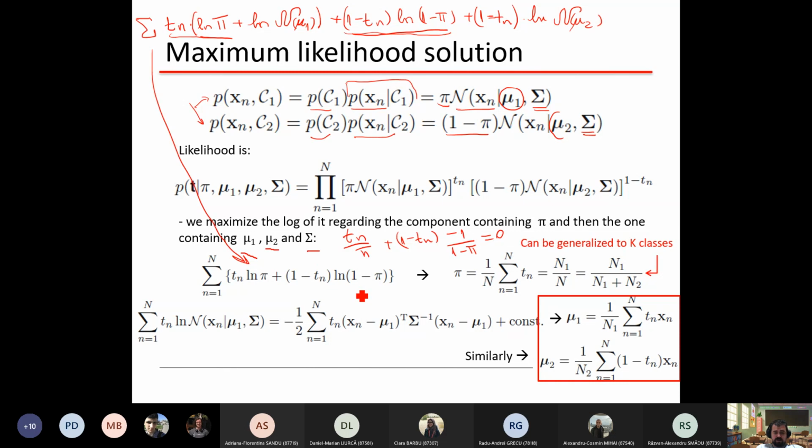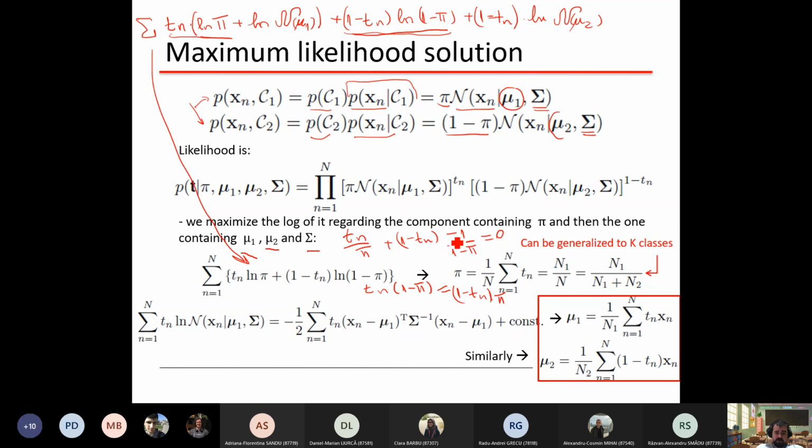And from here we have t_n multiplied by 1 minus pi equals 1 minus t_n multiplied by pi. Do you agree?